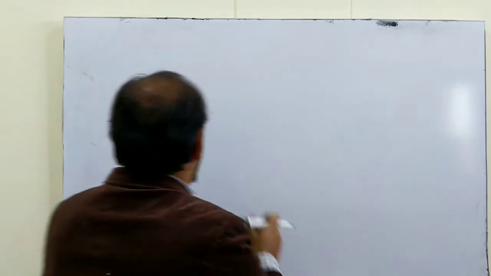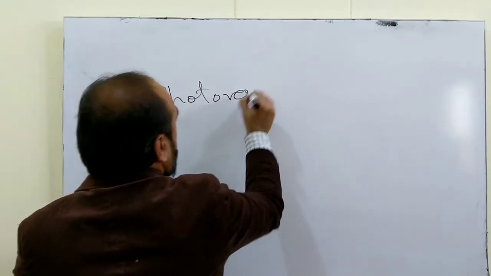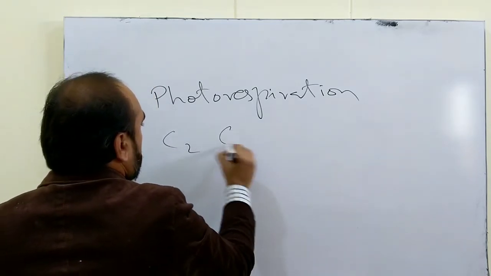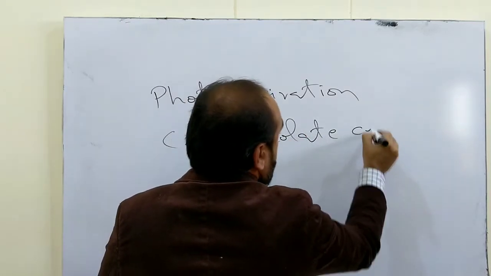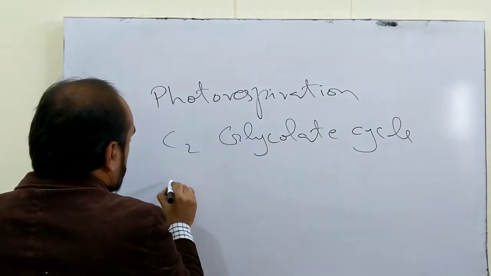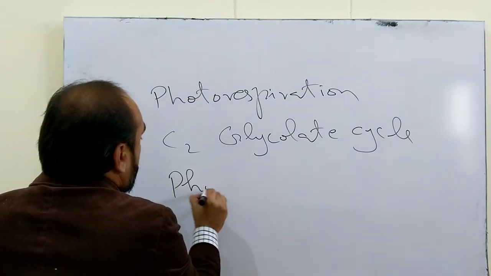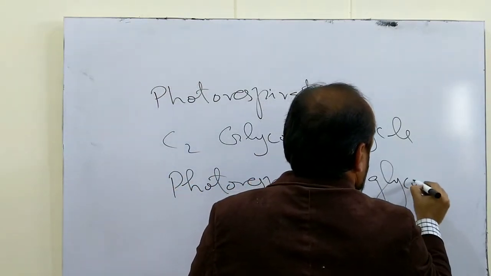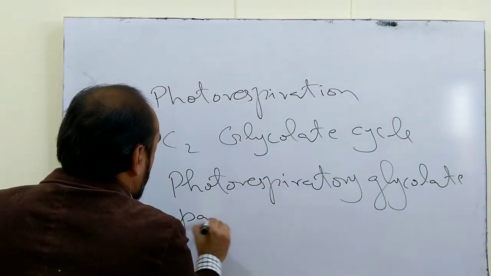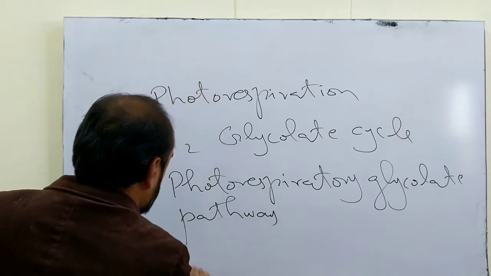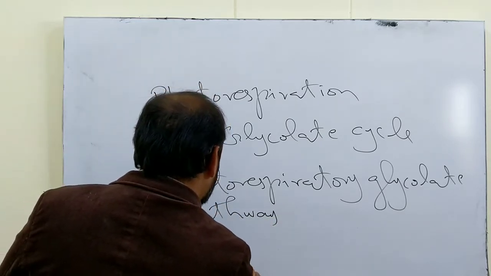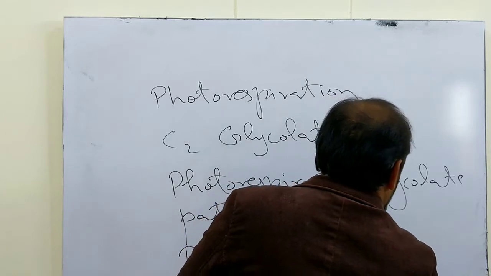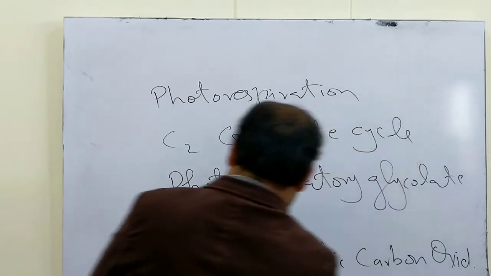This phenomenon is commonly called photorespiration, or the C2 glycolate cycle, or photorespiratory glycolate pathway, or photosynthetic carbon oxidation cycle, PCO.